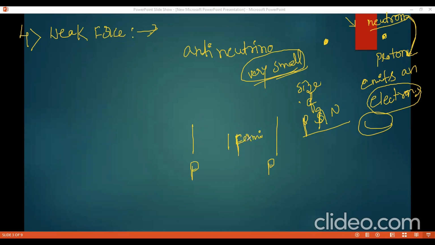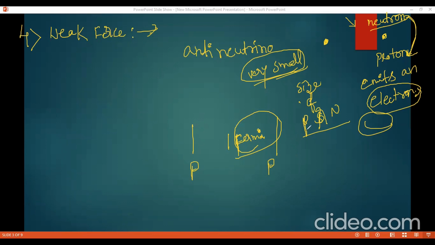These two are separated by a distance of one Fermi. Atomic distances are generally measured in Fermi. Fermi is the unit. Understood? So when you talk about the weak force, the anti-neutrino particle comes into the picture. Got it?